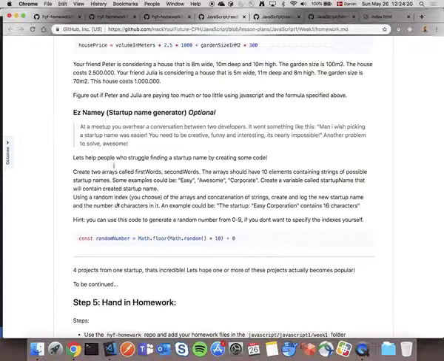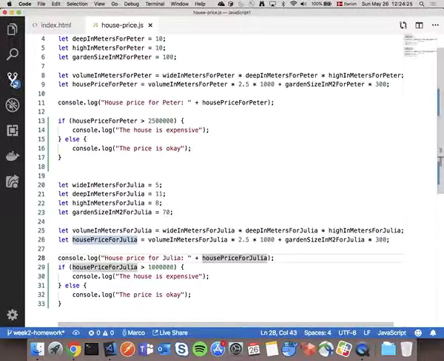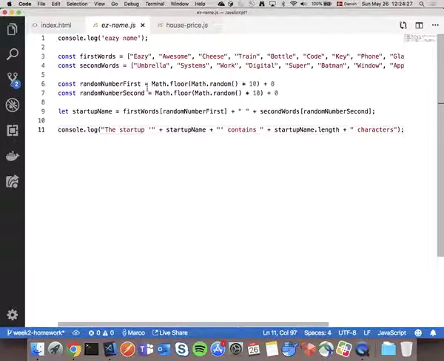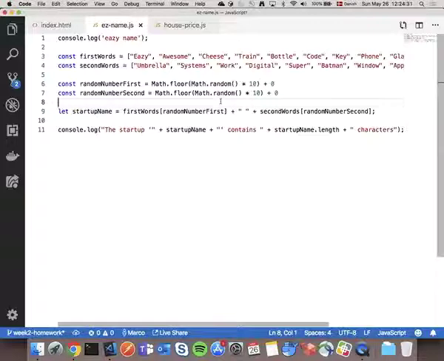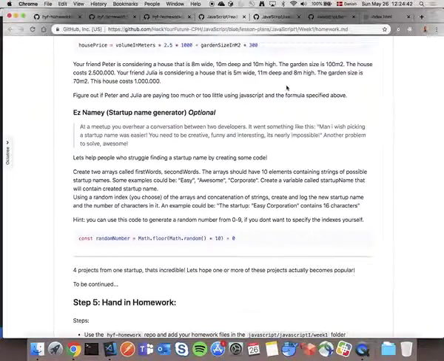And then the easy name. Where was it? Easy name. I don't know if you find this a bit tricky, because of course this random was given to you in the exercise, and I don't know if you researched what this is.